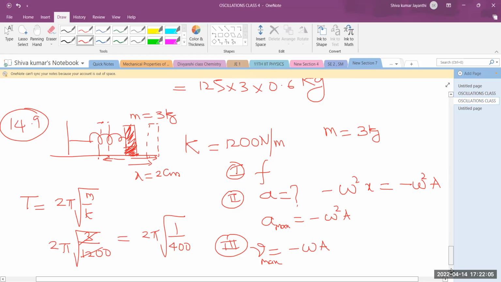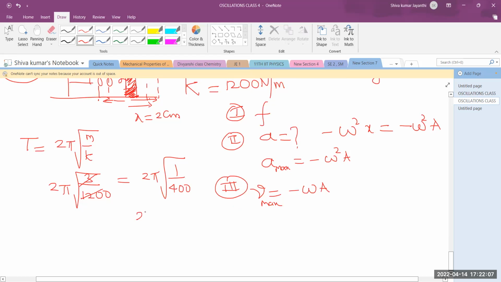So 2 pi by 20, pi by 10 seconds. Time period. So obviously what is frequency? 1 by time period. So 10 by pi Hertz. Frequency is depicted as hertz or second inverse. Is that clear to you?